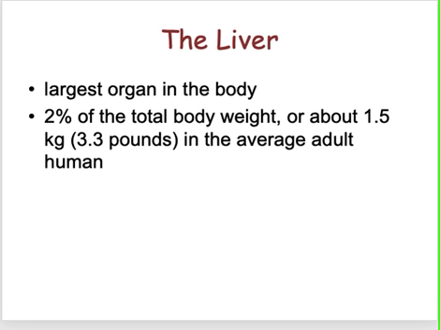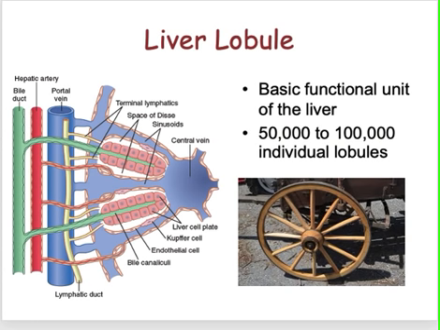Of course, if you're bigger, you can have a bigger liver, and if you have a chronic liver disease, you can have a very small liver. If you cut open the liver into sections and look at it under the microscope, you will see different sections called the liver lobule. The liver lobule is the basic functional unit of the liver, and one liver can have as many as 50,000 to 100,000 individual lobules.